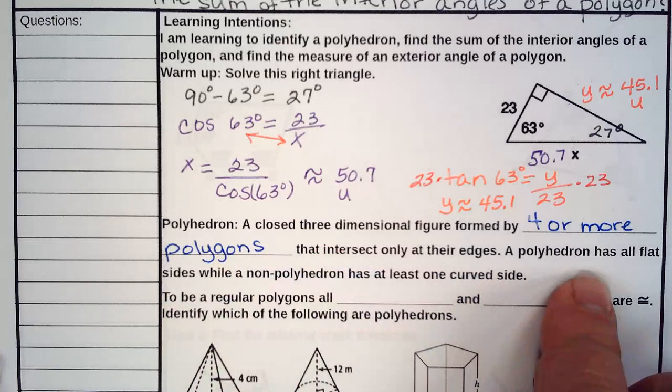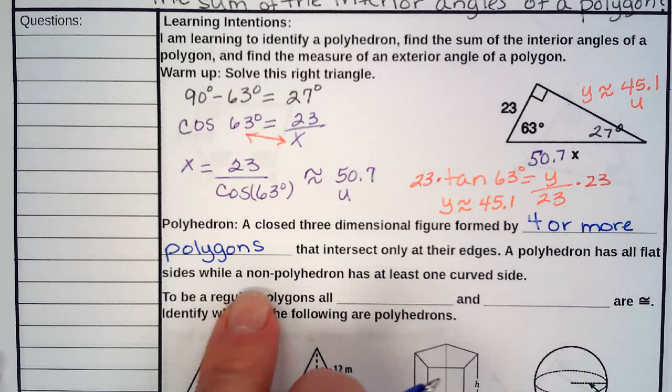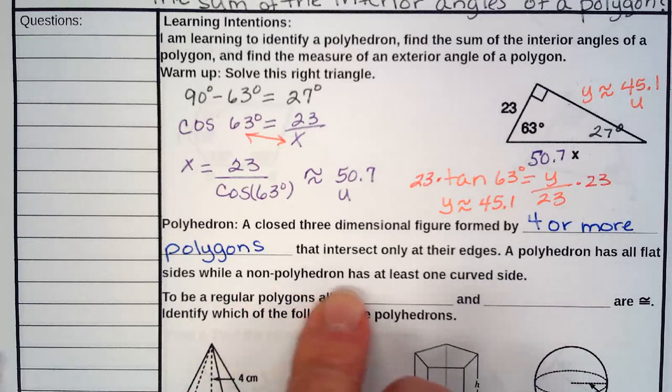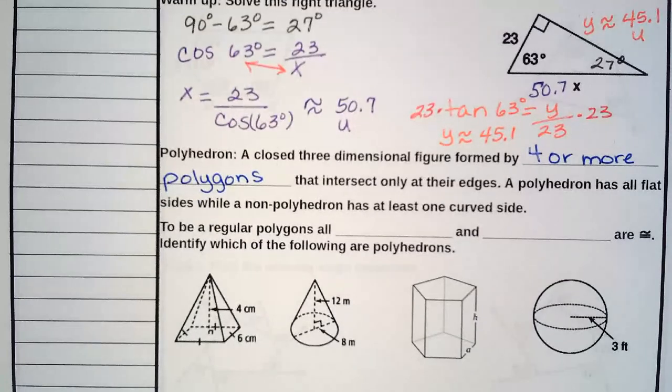A polyhedron has all flat surfaces, while a non-polyhedron has at least one curved surface. So if you're thinking about this definition, if you have a curved surface, that is not a polyhedron.